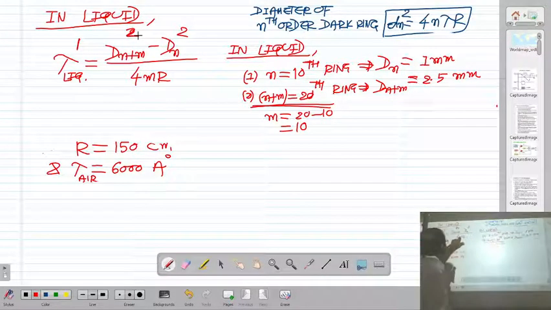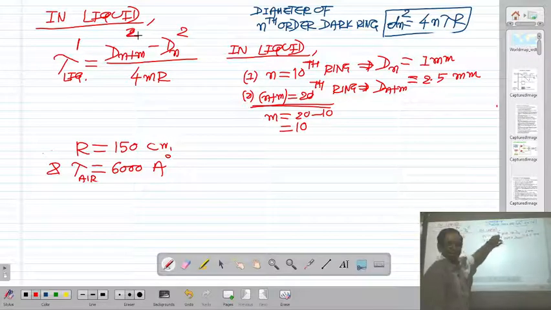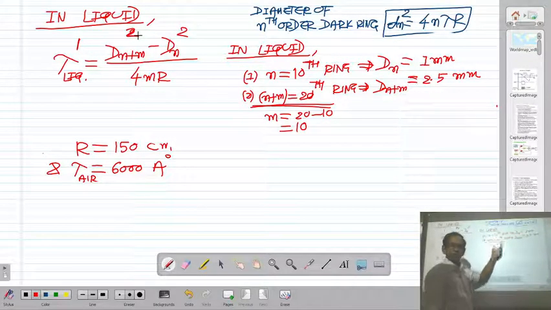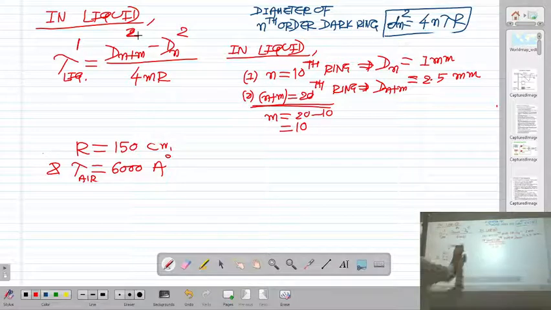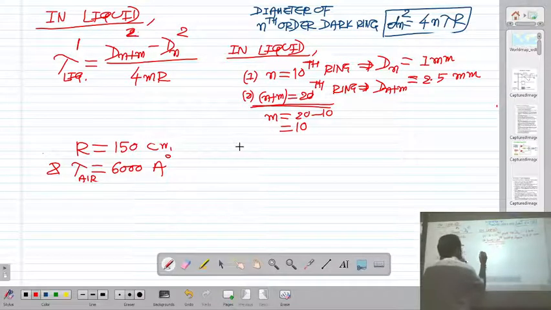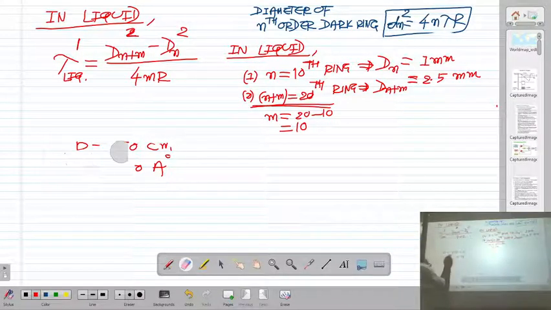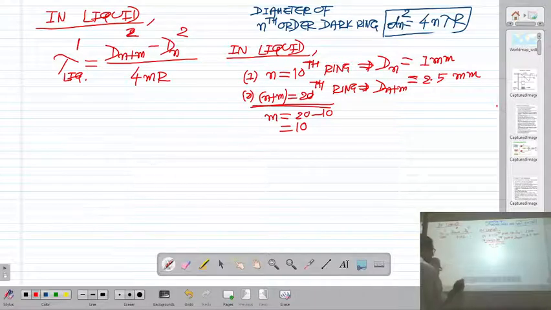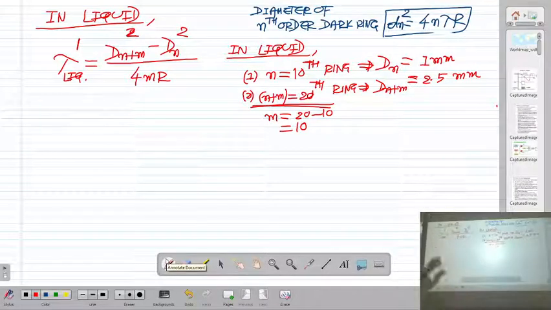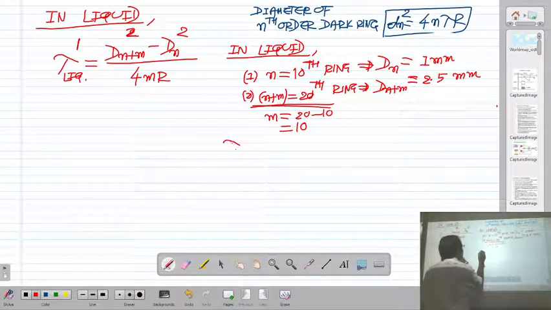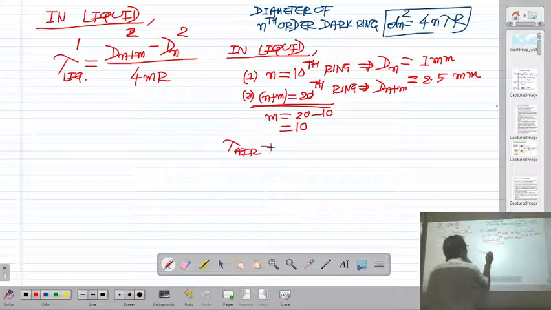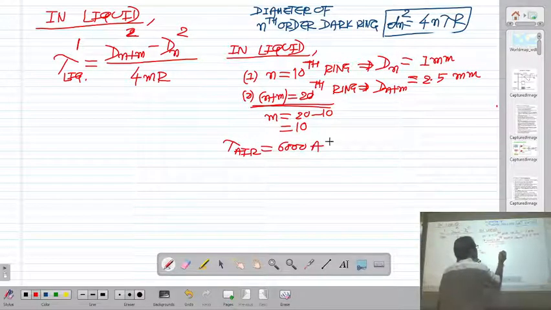m is the difference of ring number. You are given two rings, 10 and 20, so the difference of these two ring numbers is 20 minus 10, that is 10. And R is the radius of curvature, 150 given. Please remember, lambda dash is the wavelength of light in liquid, and you are given the wavelength of light in air, 6000 angstrom.